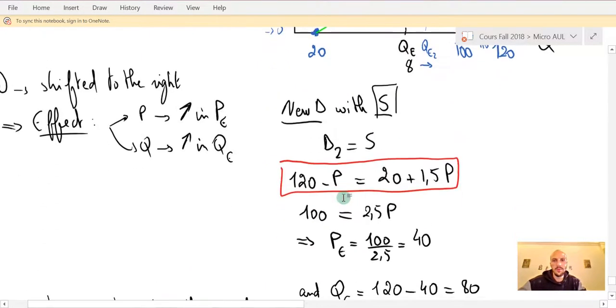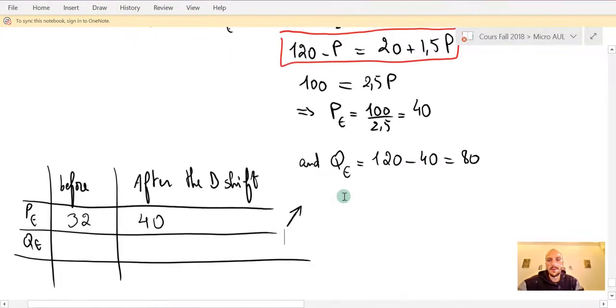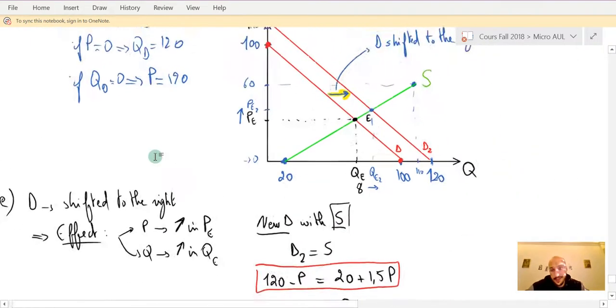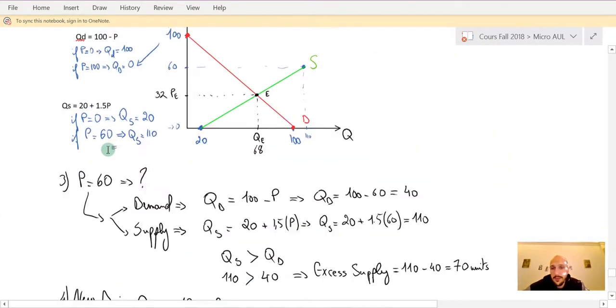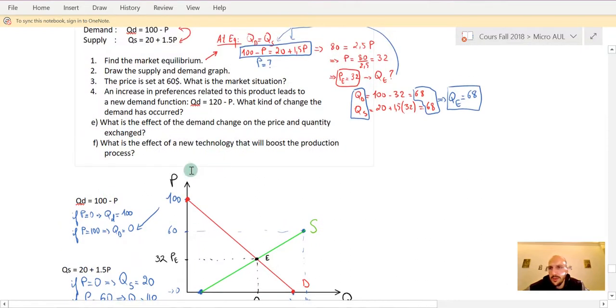Let's go back to the 68. كانت 68 and صارت 80. So from 68 لل 80. So كمان the quantity طلعت. Okay, so both price at equilibrium and quantity at equilibrium have increased. Great. So that's it. بتصور يمكن هون the questions.